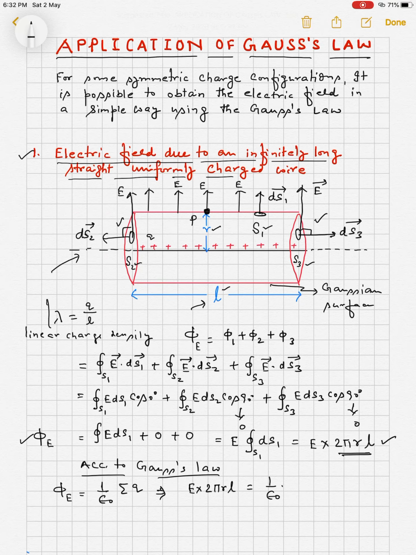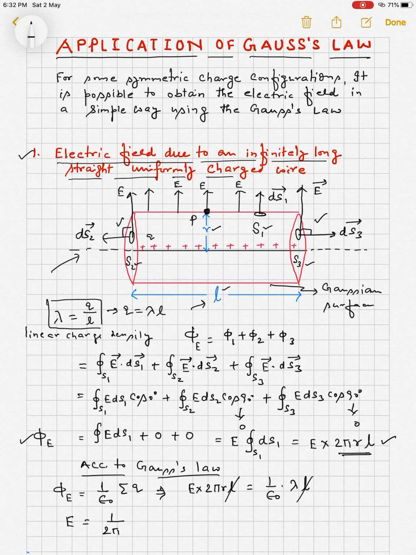For this we will use lambda: Q equal to lambda L. So in place of Q, we will put lambda L. Here L and L cancel out. We have E equal to 1 upon 2 pi epsilon naught times lambda by R. So this is the relation for the electric field at a point distant R from an infinitely long charged wire.